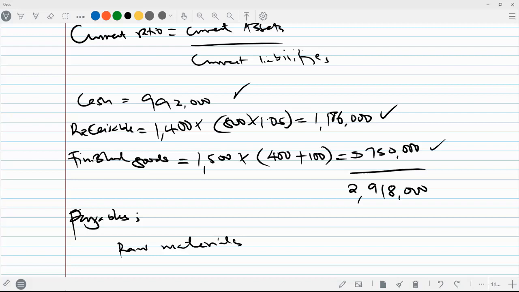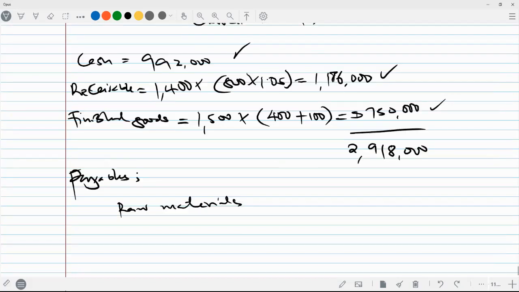We've been told that the raw materials are on 1 month credit. For the sales made in the month of April, they were produced in the month of March. The materials were bought in the month of March, but paid for in the month of April. Therefore, by the end of the month of March, they are outstanding, not yet paid for.